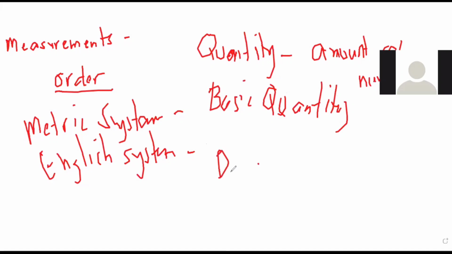And of course, we also have the derived quantity. Okay, what's the basic quantity and what's a derived quantity? Actually, there are 6 basic quantities in physics. If you are dealing with chemistry, you will add 1. There are 7 actually, but in physics, we will just have 6 basic quantities.